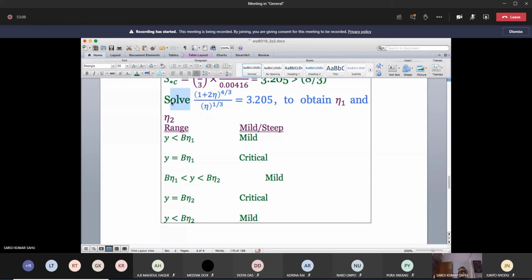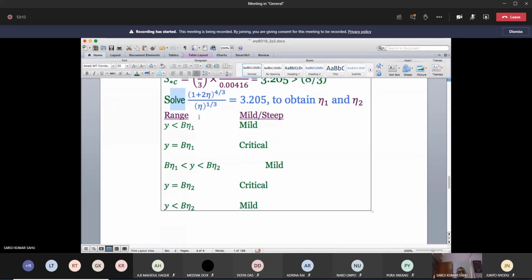The eta 1 and eta 2 are the solution. So at y equal to beta 1, it is critical, and at y equal to beta 2, it is again critical.